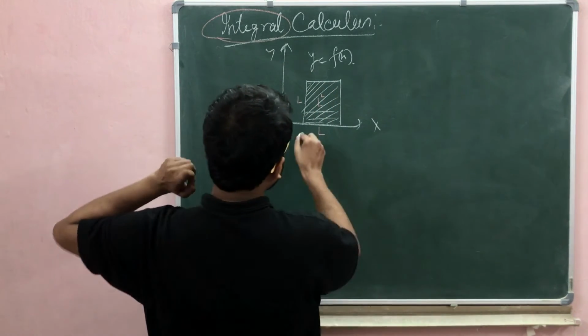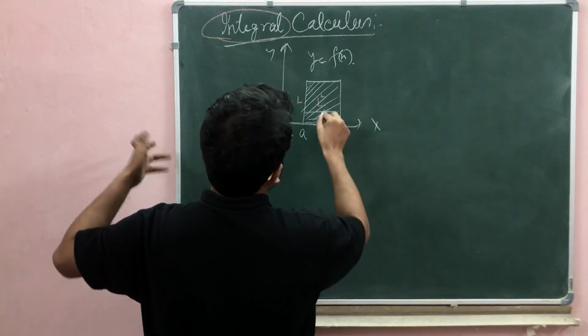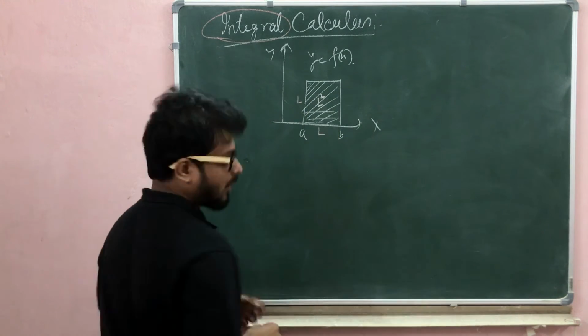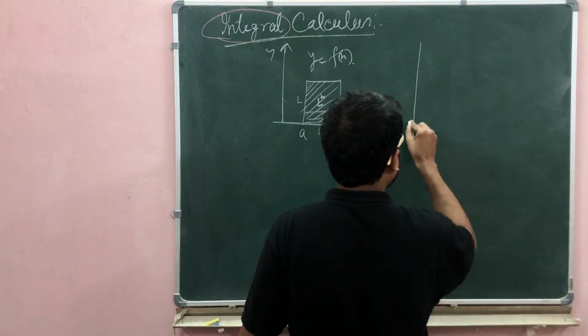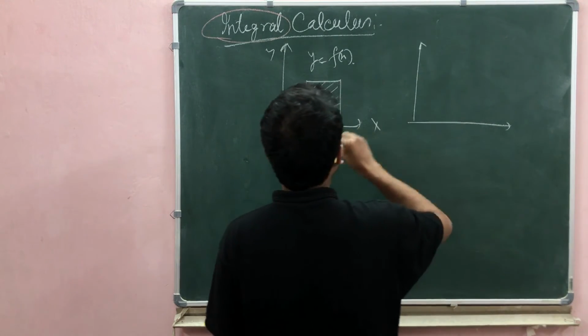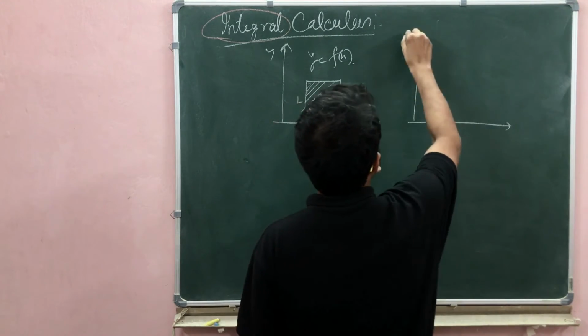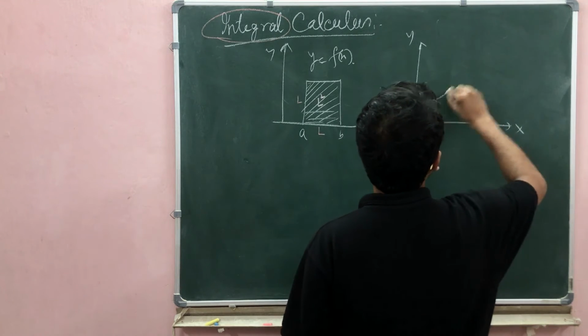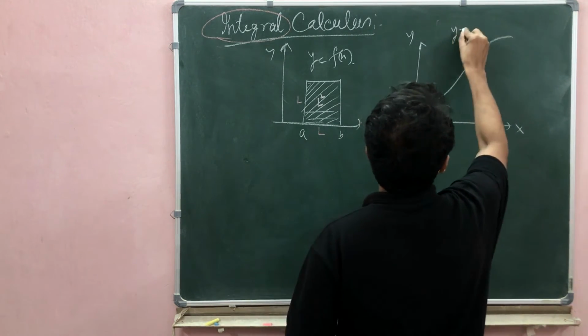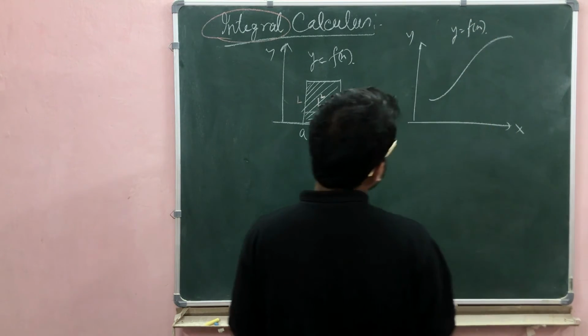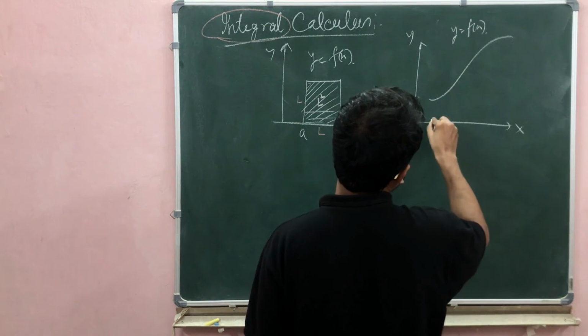That is very easy, as a limit a to b, you know that L squared is a very easy calculation. It is a little bit difficult if the curve is not a continuous curve. So y and x, if the curve looks like that, y equal to f(x), it is a little bit difficult. Now calculate the area under that curve.